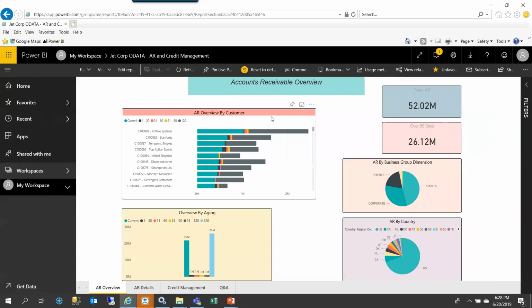The other charts here, looking at per customer and looking at the relative value of the AR between current, 30, 60, and 90 days. The overview by aging is looking at the entire system on a relative basis.